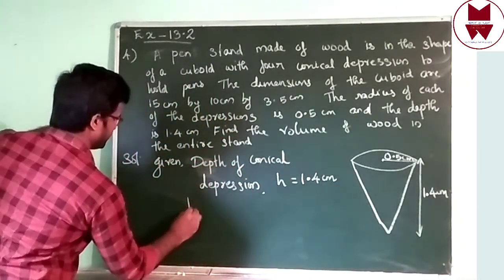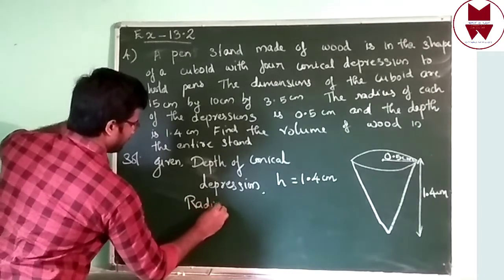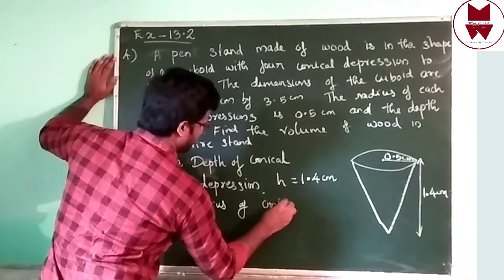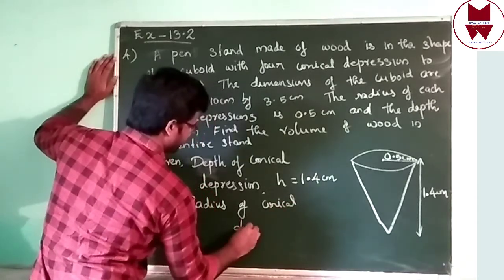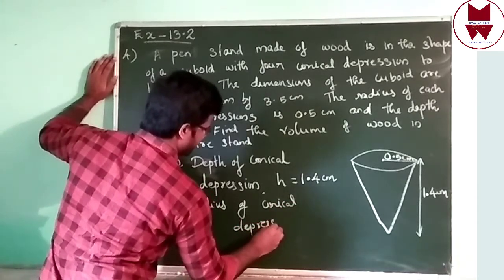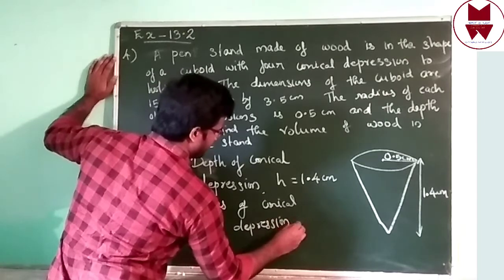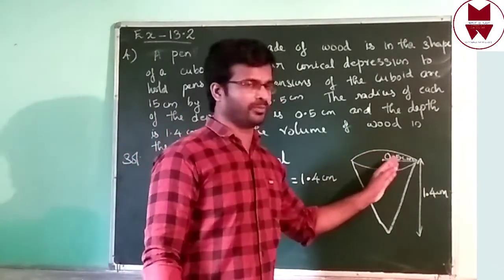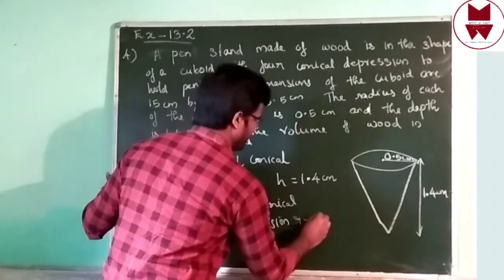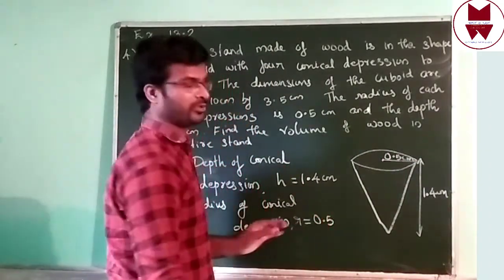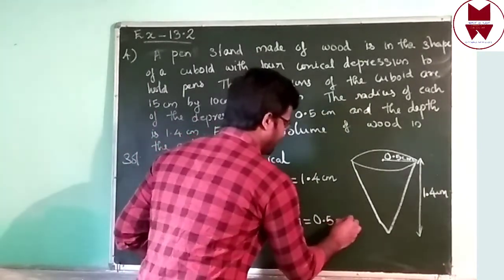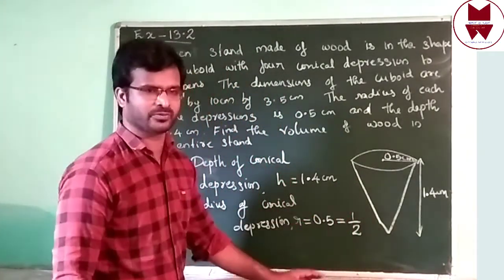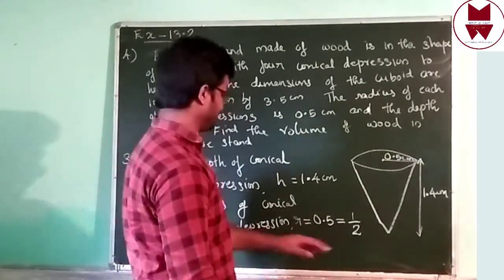The next is the radius of the conical depression, small letter r equal to 0.5 centimeter. This 0.5 centimeter we can write as 1 divided by 2. 1 by 2 is 0.5 only, half only, isn't it?